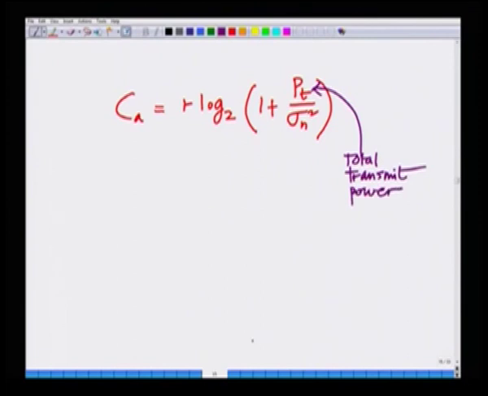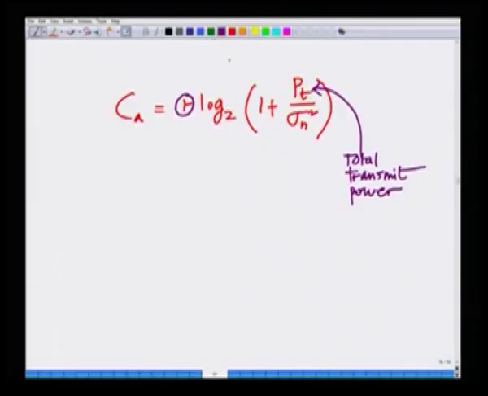Now, you can see from here clearly that asymptotically the capacity increases as R, which means the more receive antennas you have, it increases linearly with respect to R. And also, more importantly, you can observe that this is for the same transmit power. I am not increasing the transmit power, this is for constant power.